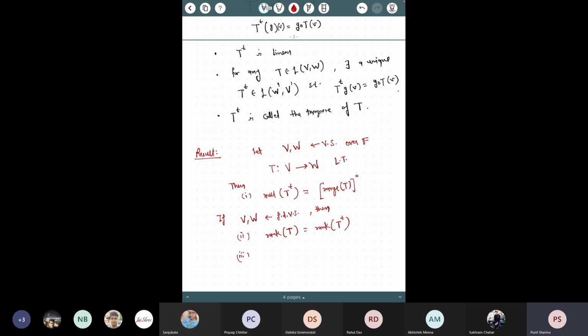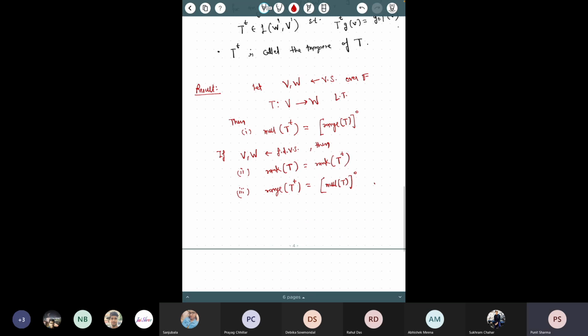Not only that, we can prove that the range of T transpose is equal to the annihilator of the null space of T. Okay, so the proof is not difficult, it's very easy.